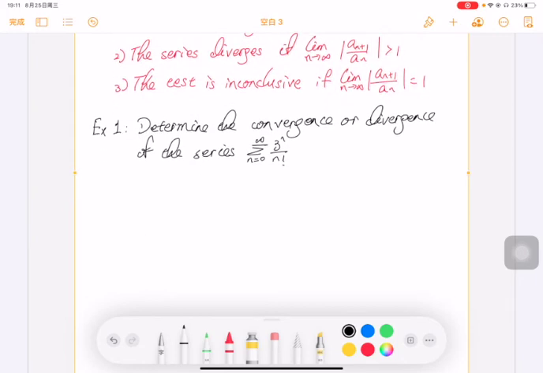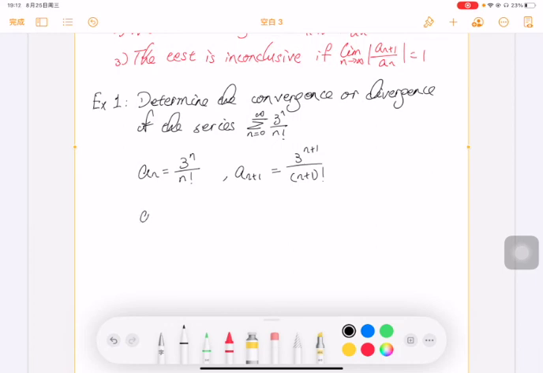Alright, so we want to apply the ratio test. Let's first write out the nth term in the series, which is 3 to the n divided by n factorial. And therefore, a_(n+1) equals 3 to the n plus 1 divided by (n plus 1) factorial.